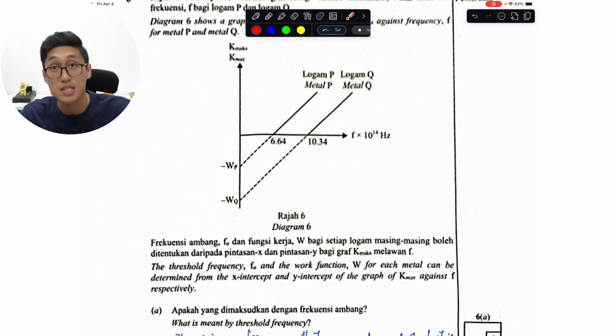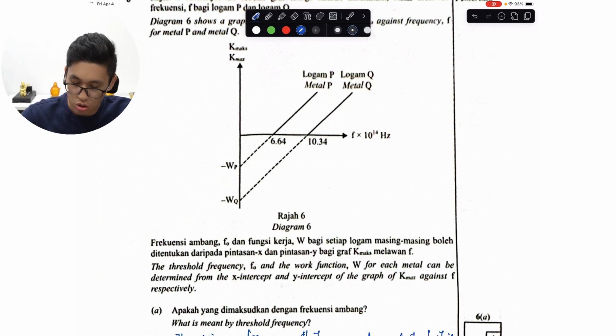Now, even if they never said this, you should also know that this is the threshold frequency because at this point, the Kmax, meaning the kinetic energy of electrons, is 0. Remember, we are releasing electrons when we shine light.